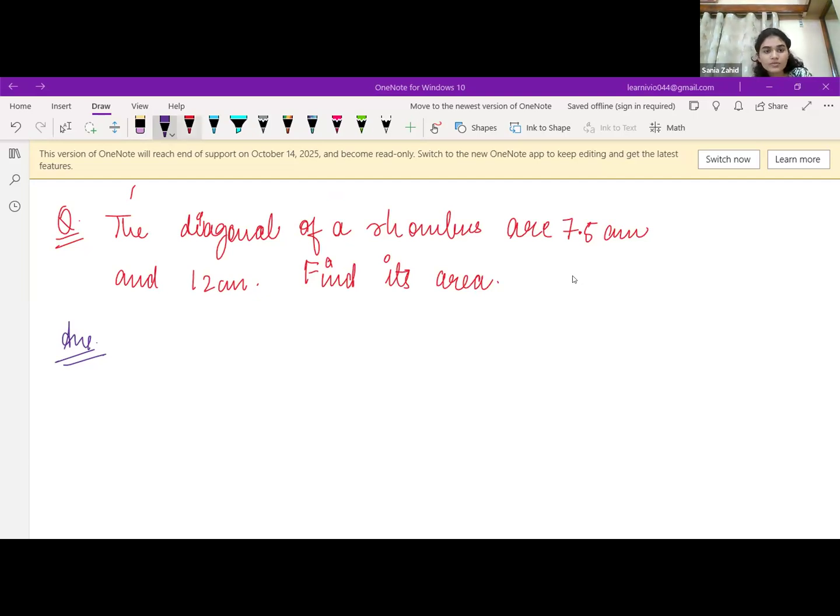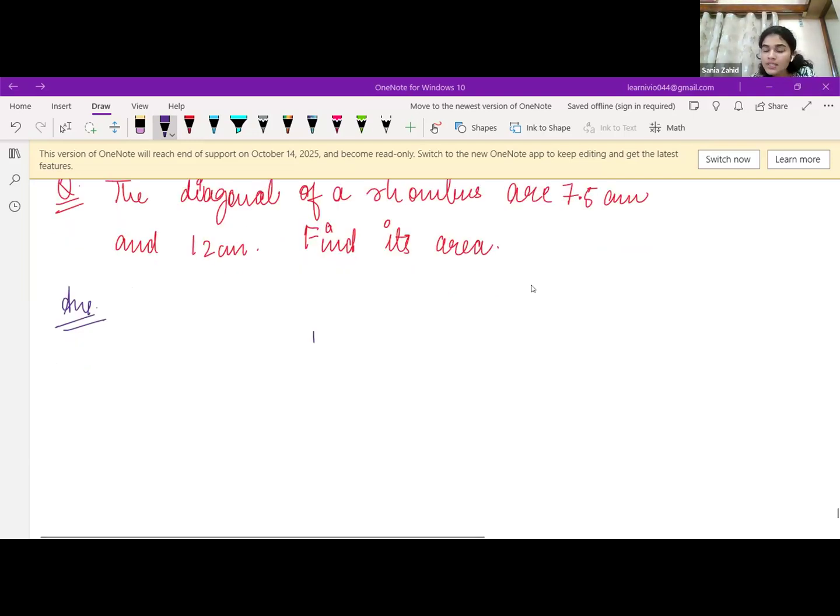Children, just give me a minute, I will just use my headphones. Children, please try to speak now. Mom, it's 45 centimeters square. I am audible to you properly, right? So the diagonals of the rhombus are given as this and this.